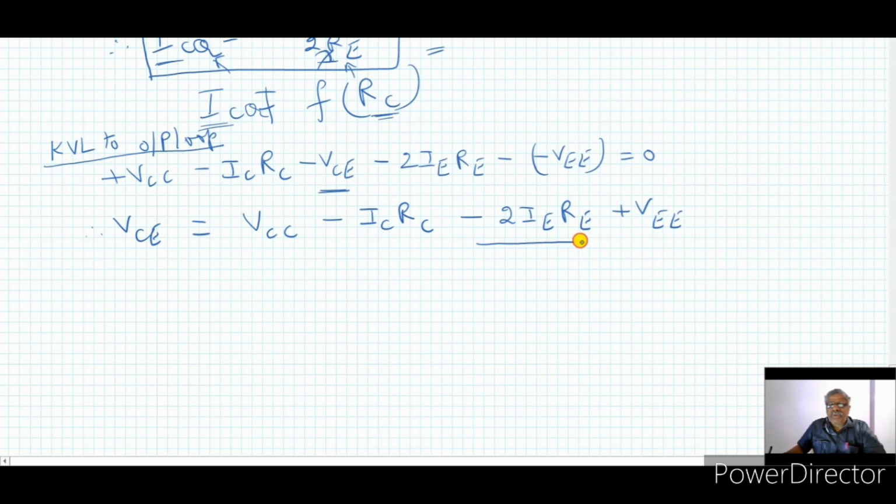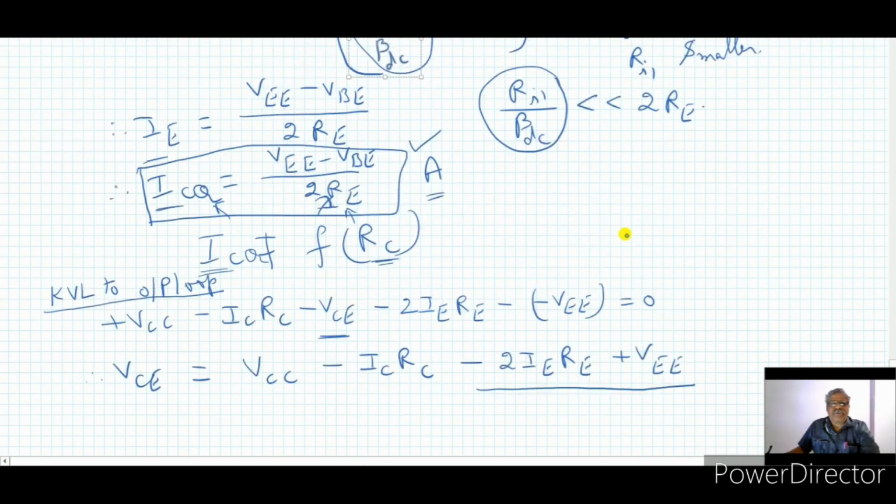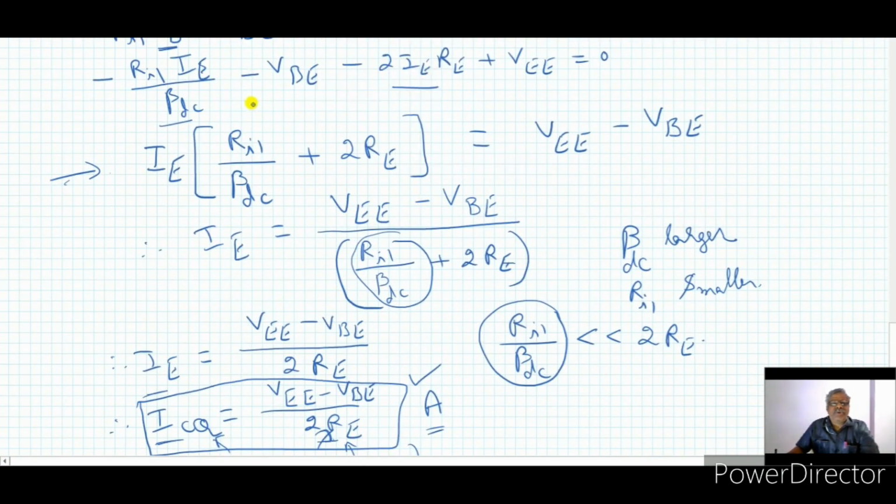If we carefully observe this part, we have already seen it earlier when we wrote the input loop equation. In the input loop equation, minus 2IERE plus VEE should be equal to this. Minus 2IERE plus VEE is equal to, if you send these two terms to the right side, what we get, plus RI1IE by beta DC plus VBE.